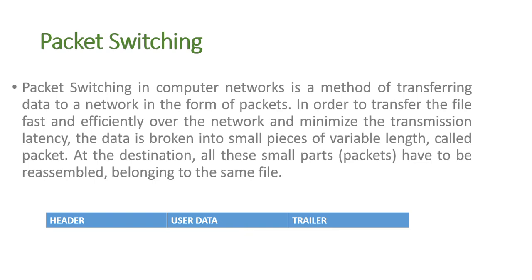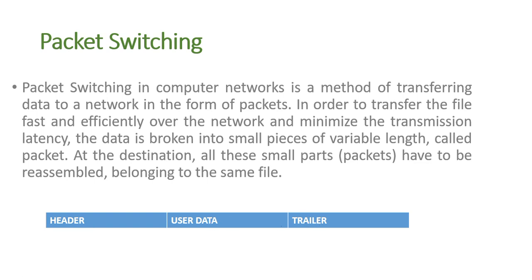Suppose I have sent one message, whatever message the user has sent comes under user data. Then the trailer is a redundancy checksum. It is used for error detection and correction. If any error is detected, whether it has to be sent back, all those things will be contained in the trailer. So this is the format of the packet: each packet contains a header, user data and a trailer.